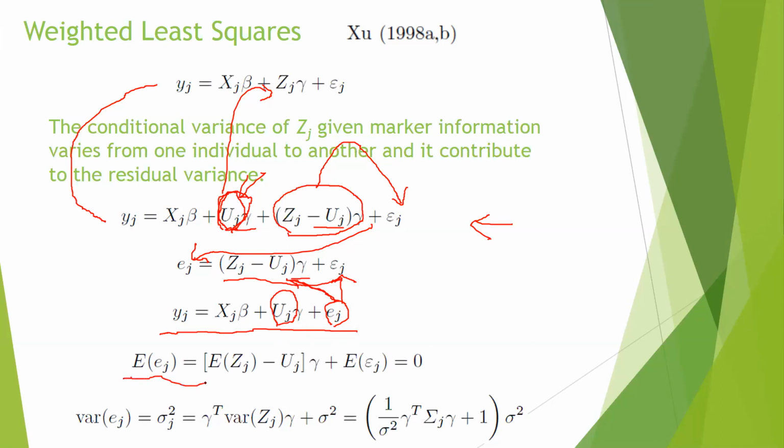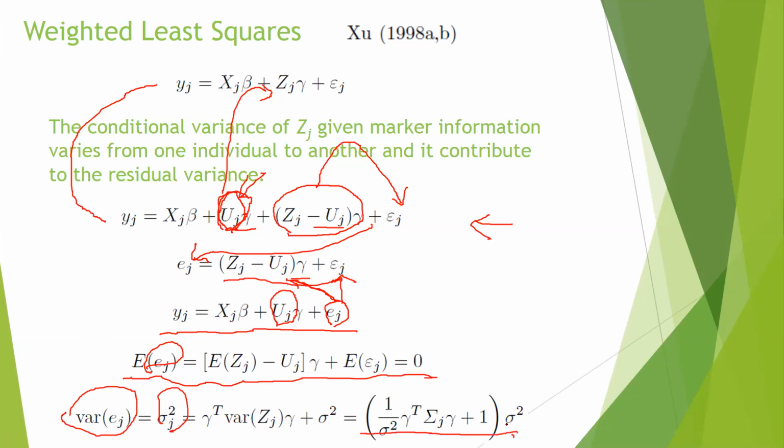Okay, now let's look at here. So the expectation of the real error is also equal to 0. That's no problem. But the variance of this is no longer a simple normal distribution. So if you look at the variance of the real error term, it follows an equation like this.